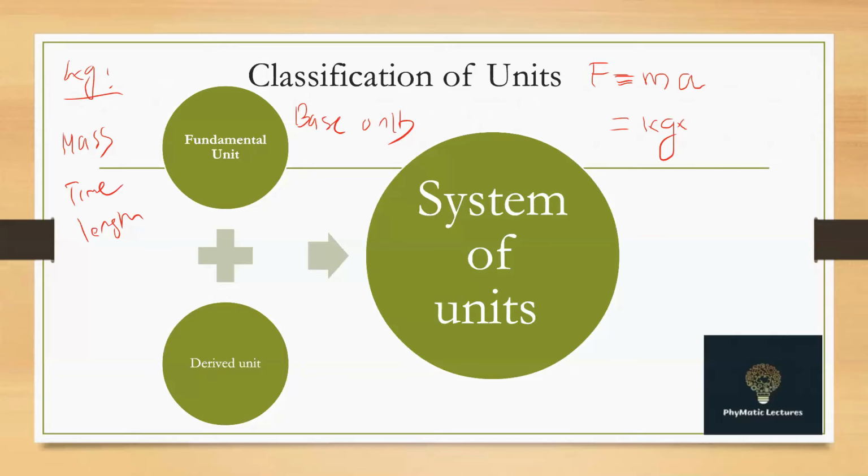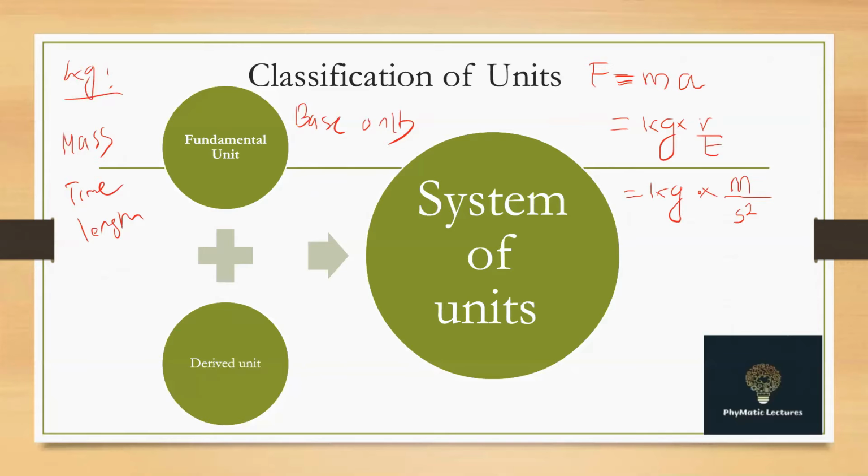Kilogram into acceleration. What is the unit of acceleration? Acceleration means velocity by time, right? And velocity is distance by time. So the unit of acceleration is meter per second square.